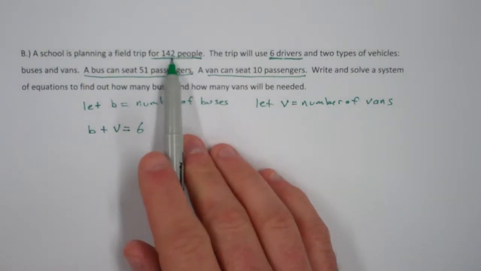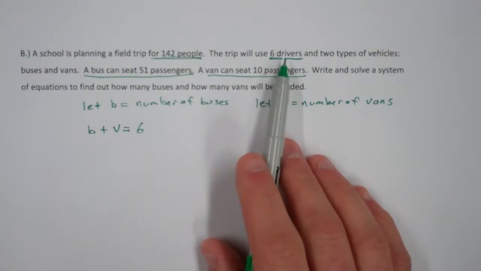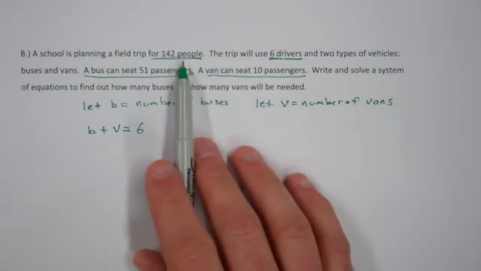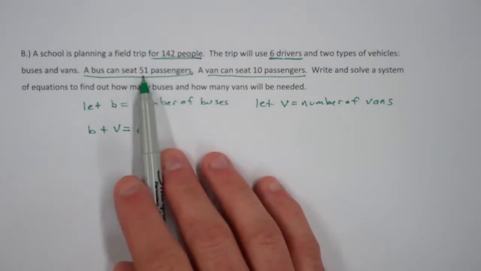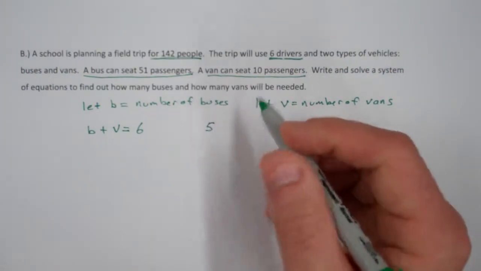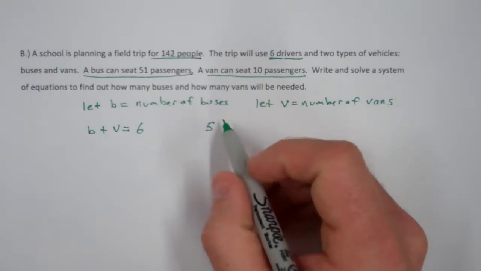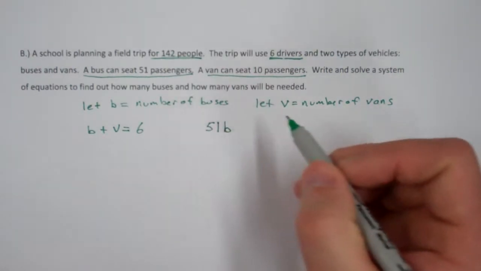Let's worry about the next part. So let's do this with the people. Now we've got 142 people, and I don't think that includes the drivers here. You could argue that it would, and you'd have a different solution, but I think we're going to say that this is just like the teachers and the kids. We know that a bus can seat 51 passengers, or it's 51 per bus. That's a rate. So if we want to know how many people would be in the buses altogether, that'd be 51B.